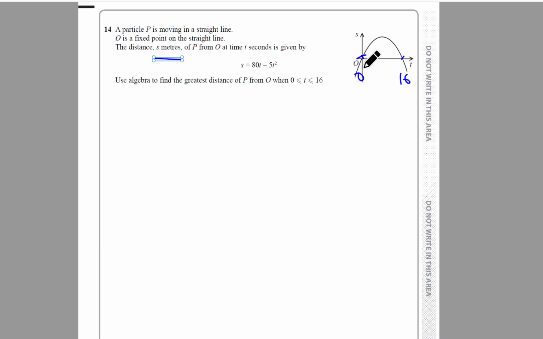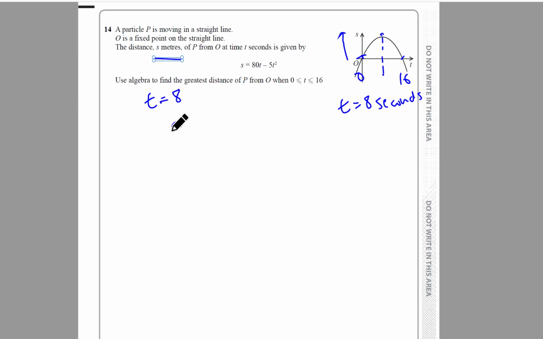That's the clue. Now, the greatest distance of s, so when s is at the highest value, that's going to be the turning point. Now they've given you the 0 and 16, so you've got the line of symmetry there. So you know t equals 8 seconds in this case. So we can just substitute here, t equals 8.